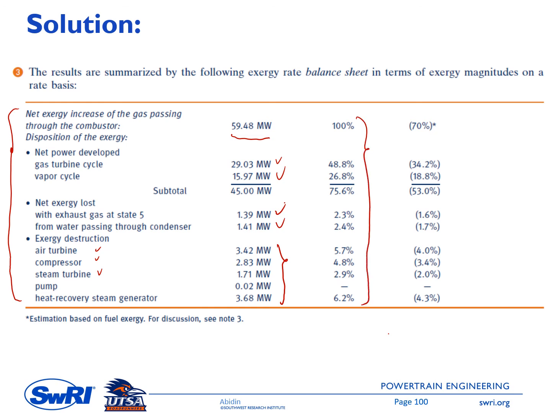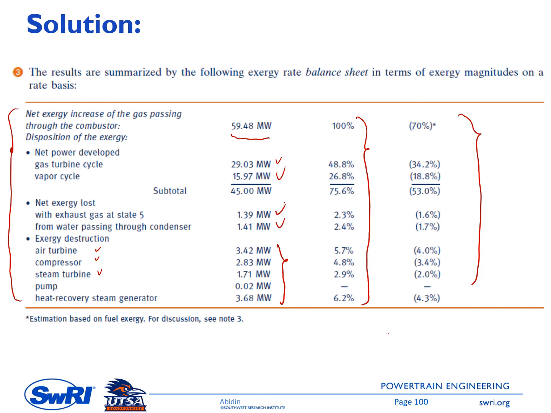And the 70% here, I believe, is an estimation based on the fuel and fuel exergy. If you remember in chapter 7, of the 100 exergy entering the system, some of the exergy is destroyed due to irreversibility inside the combustor itself, which cannot be analyzed in this chapter, and some also flows out of the system through the stack.